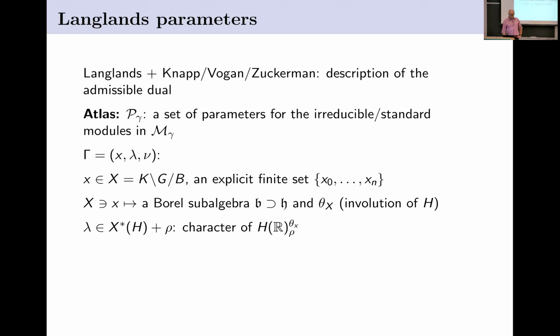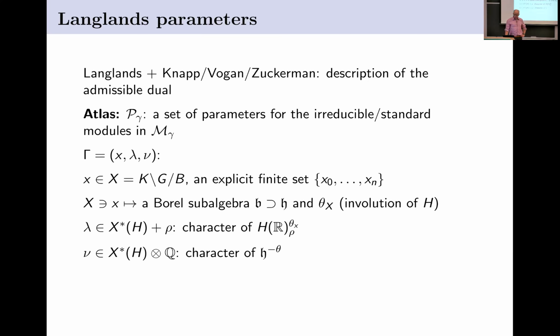And then the next piece of data is lambda, which is an element of X upper star, the algebraic characters of H. So that's a lattice, shifted by rho. And that gives you a character of the H(R) upper theta x, the maximal compact subgroup of H(R). And then there's the rho cover, which you can ignore most of the time.